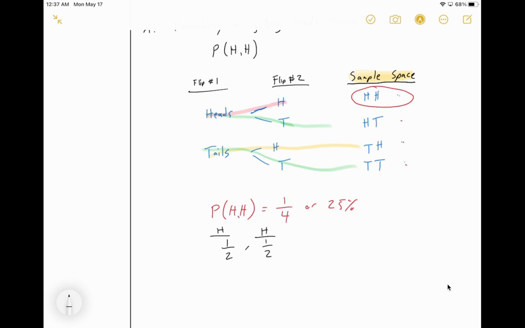So guess what? If I just multiply those numbers, I'll end up with my 1/4. So what I basically did is I found the probability of each thing, and then I multiplied them together, right? So the probability of heads and the probability of heads again, multiplied together to get my 1/4.